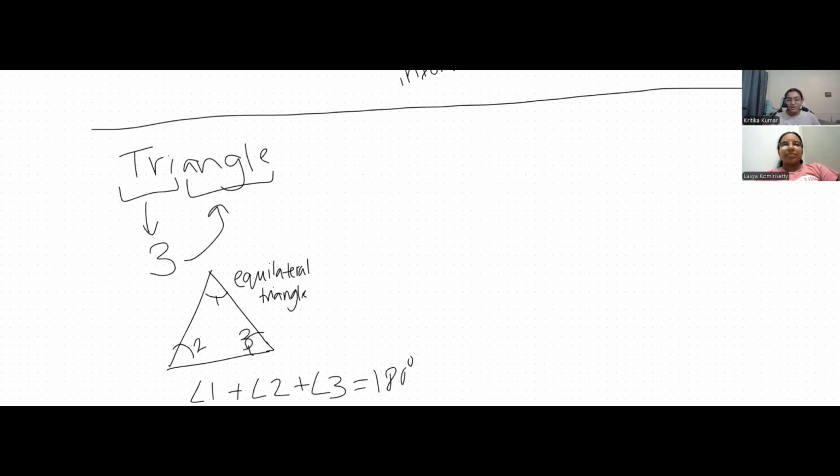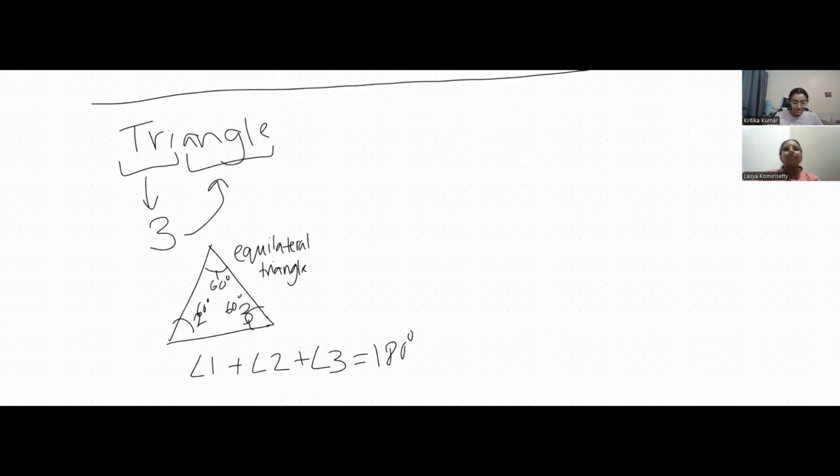So since 1, 2, and 3 are the same angle, that means that all of these angles are 60s. So this angle is 60 degrees, this angle is 60 degrees, and this angle is also 60 degrees. That's the fun thing about equilateral triangles that I really love.